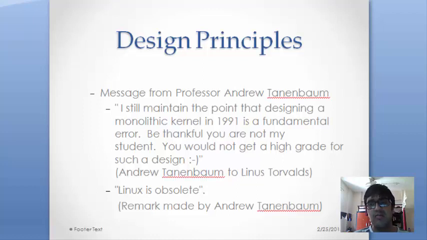That was basically a microkernel based operating system, and he criticized Linux a lot for its monolithic design of the kernel. He said that Linux was obsolete, but Linus did not care much about what he said, and he went on to make it a GPL licensed operating system, and a lot of people started following it, contributing to its code, and using it.